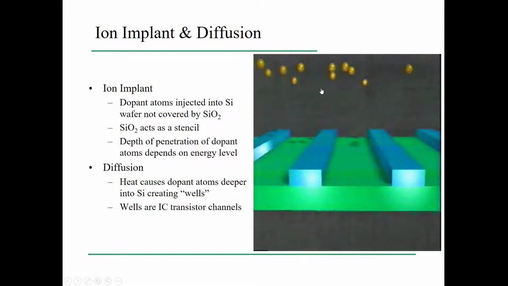So you'll see that when these ions hit the surface of the wafer and the silicon dioxide, the ions that hit the silicon wafer directly will be embedded in the silicon, and then the wafer is heated up to diffuse those ions into a larger area of the wafer. But the ions that hit the silicon dioxide, the blue here, will be absorbed and therefore won't penetrate the silicon wafer.